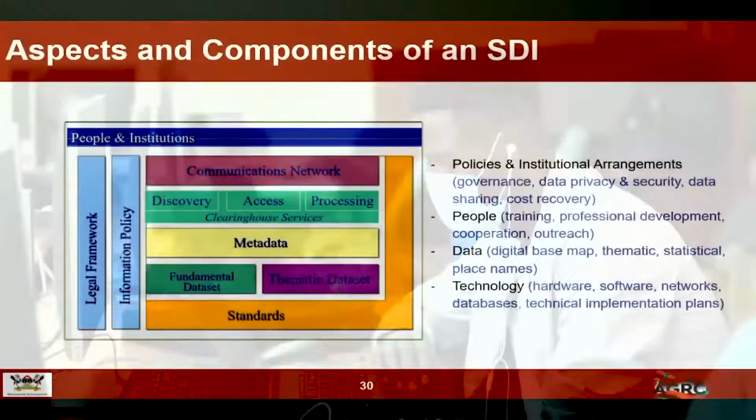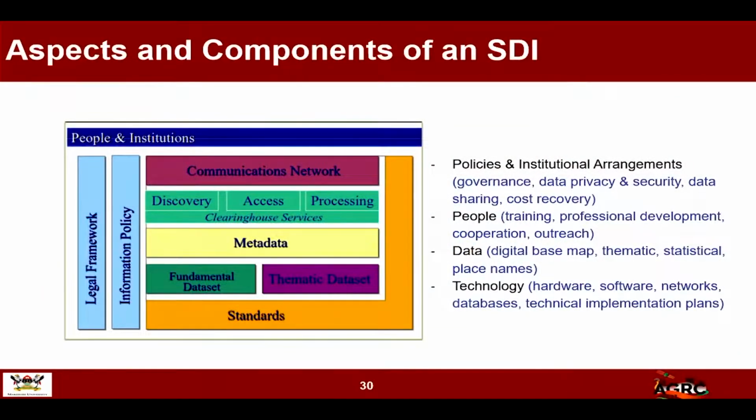We need to have a legal framework. We need to have metadata, just like you saw those tins, the one that had an annotation and the one without an annotation. So we need to make sure that we annotate our data also, so that we can discover it and then evaluate it, and then we can access it later on.